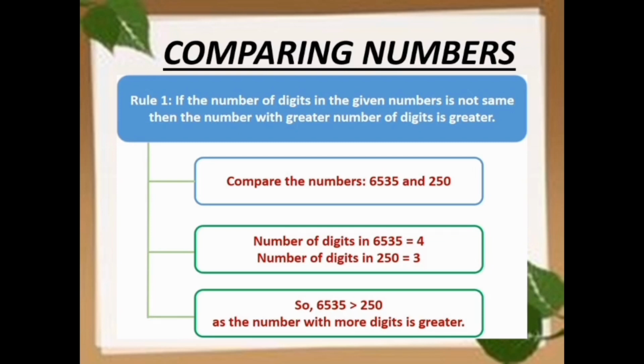The number of digits in 6535 is 4 and in 250 is 3, and you know that 4 is greater than 3. So 6535 is greater than 250, as a number with more digits is greater. Hopefully it is clear to you.